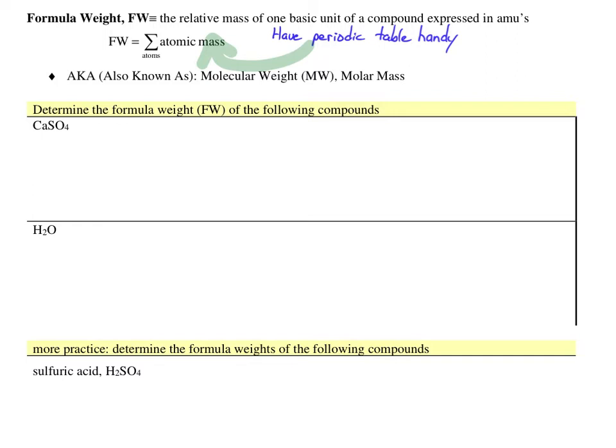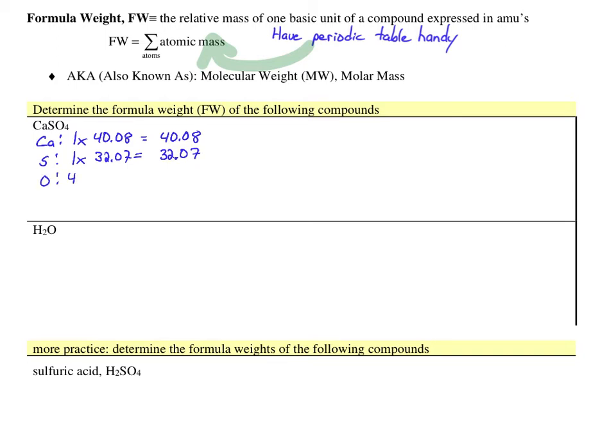Looking at calcium sulfate, we see we have contributions from calcium, one atom weighing 40.08 grams per mole. Again, this value is obtained from the periodic table. Sulfur, one atom of sulfur, contributing 32.07 grams per mole.